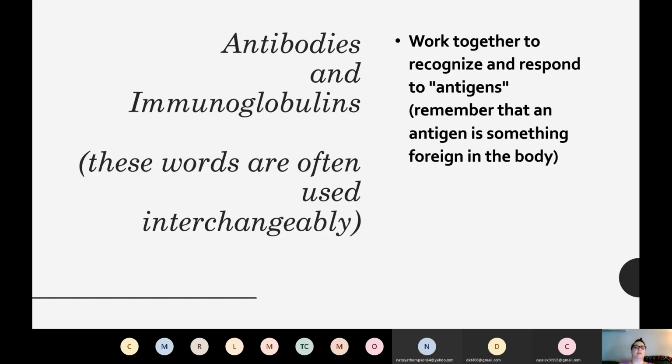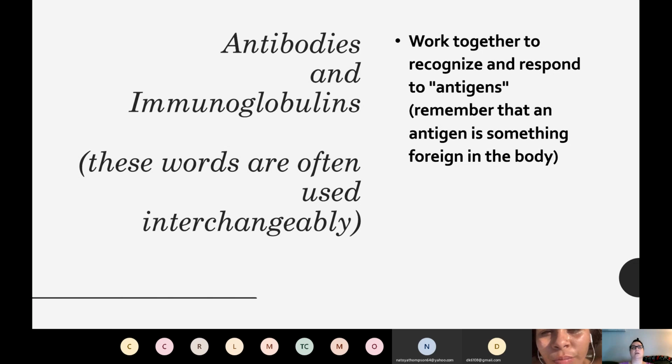So here's where things might get a little bit more complex. But we're gonna take it all on with ease and learn this together. When we think of the term antibody, and we think of the term immunoglobulin, I never can say that word, even though it should be something, but it just does not roll off my tongue. We can use those two words interchangeably, okay?